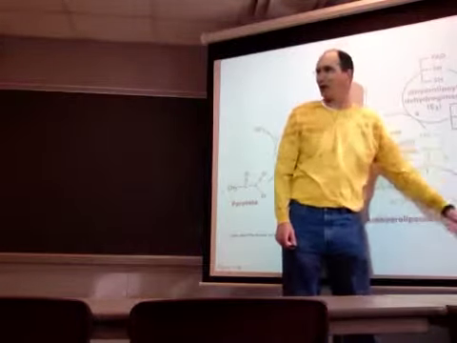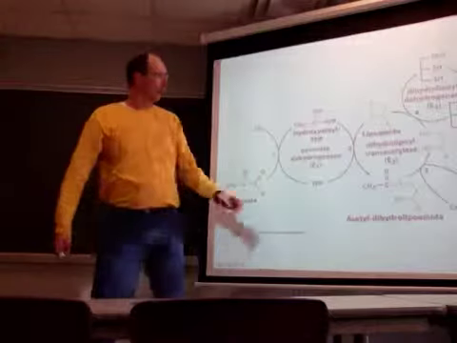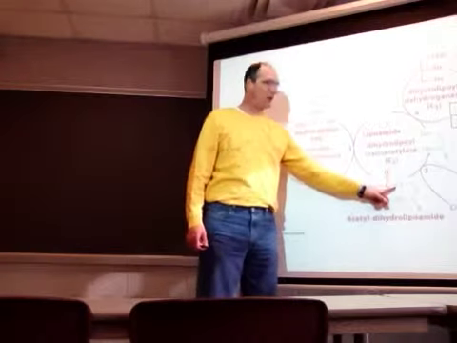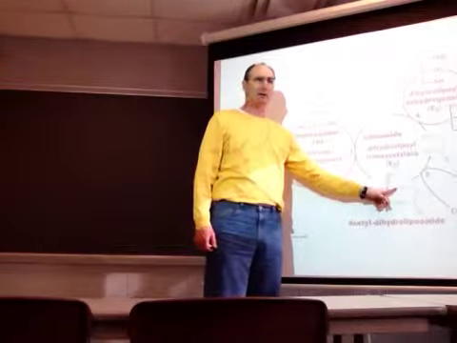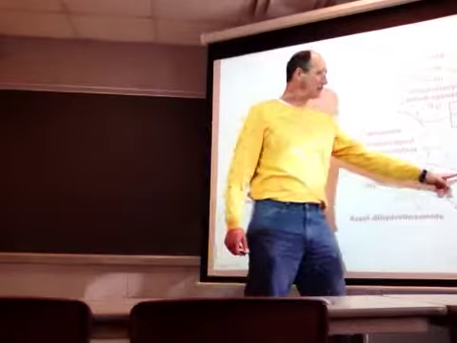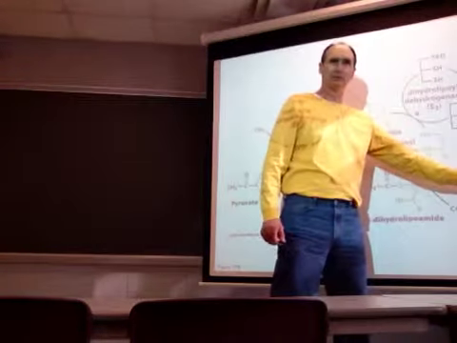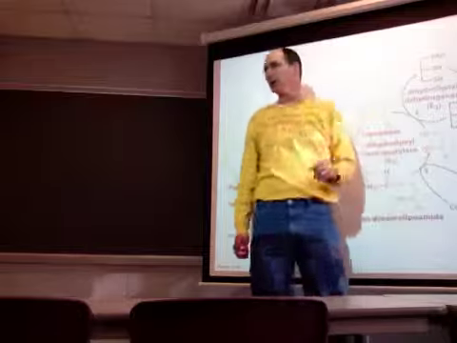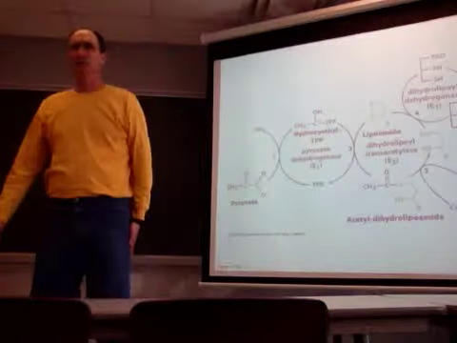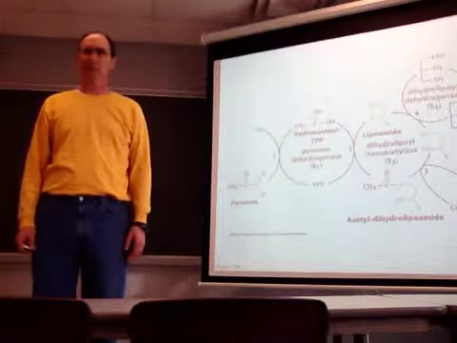A thioester, right? So it's actually this transfer that creates the high energy bond. And so we trade one high energy bond for another one in the transfer to coenzyme A. Does that make sense?